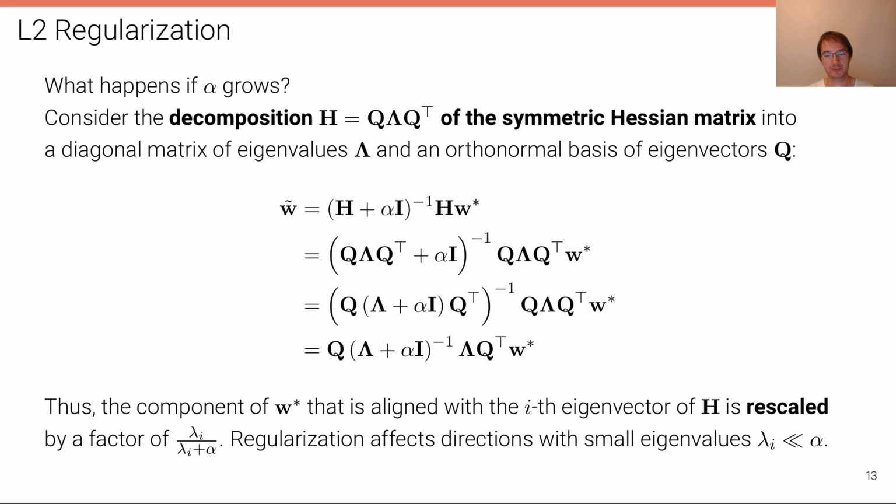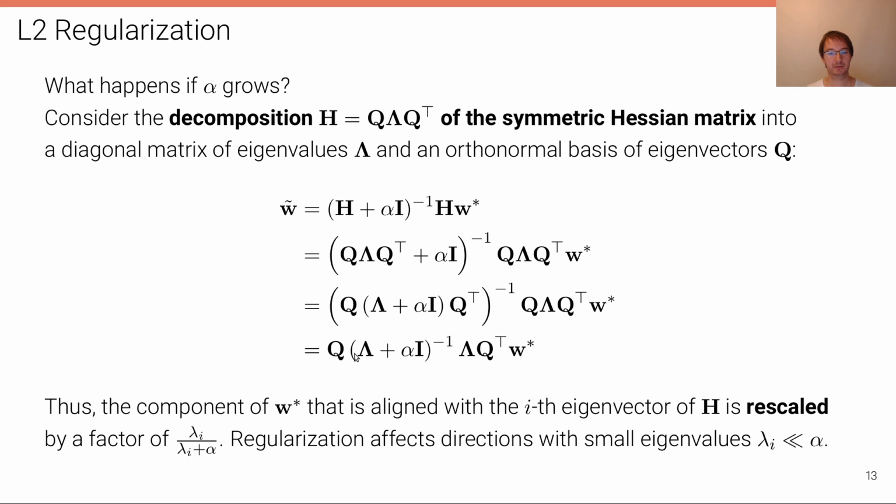So this is the expression that we end up with. And if we closely inspect this expression, we see that the component of W star that is aligned with the ith eigenvector of the Hessian H is effectively rescaled by a factor of lambda i over lambda i plus alpha. Why is that? Well, Q transpose and Q are orthonormal bases, which means they are simply rotation matrices. So we are effectively rotating W star onto the ith eigenvector.